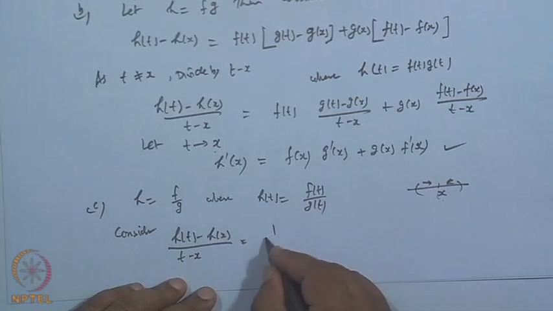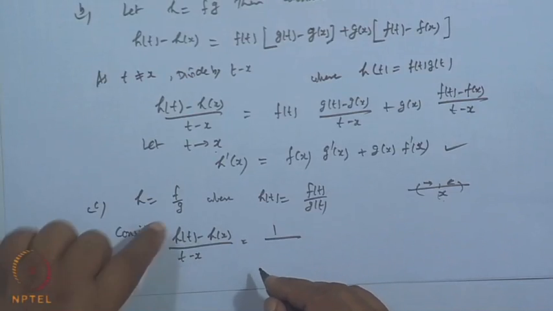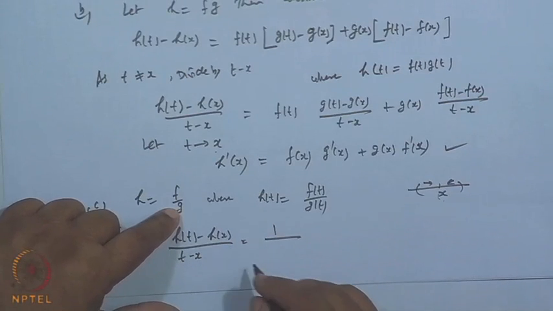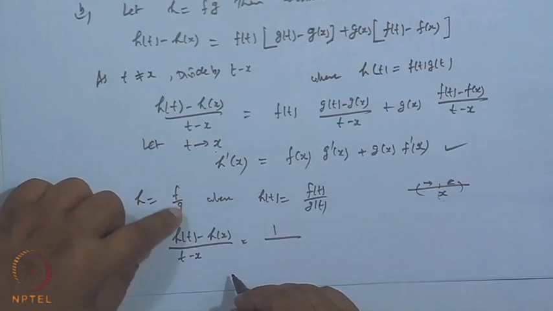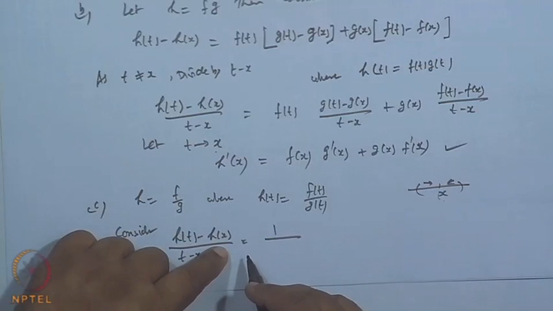So, what you are getting is, h(t) means f(t) by g(t) minus f(x) by g(x).